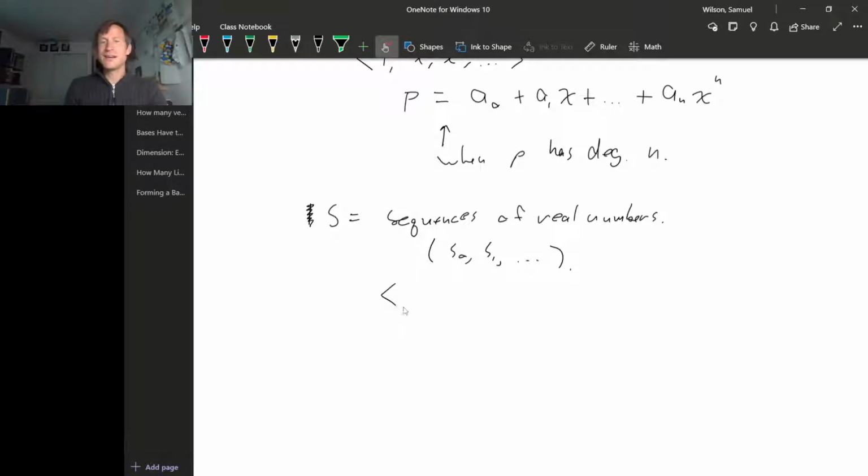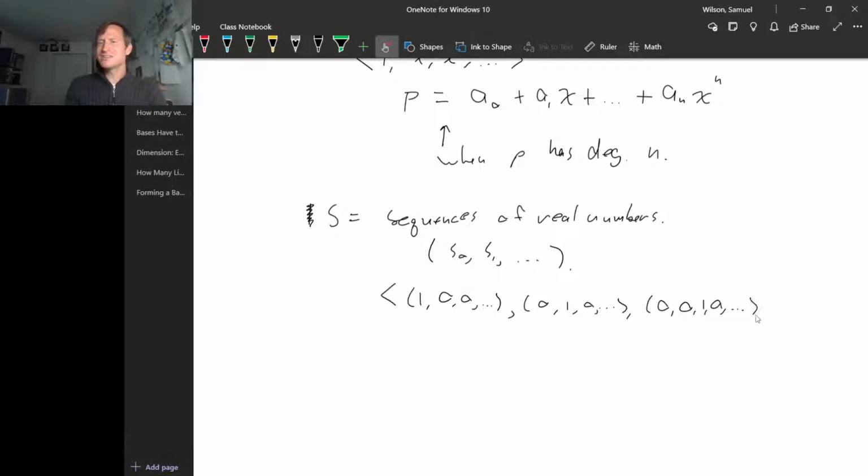Well, you'd think that this would give us a basis. For one basis element, just take the sequence that has a 1 in the first spot and then zeros everywhere else, and then a 1 in the second spot and zeros everywhere else, and so on, right? 1 in the third spot and zeros everywhere else.